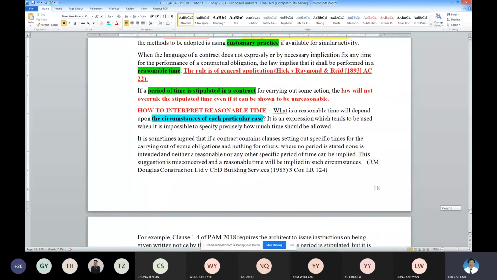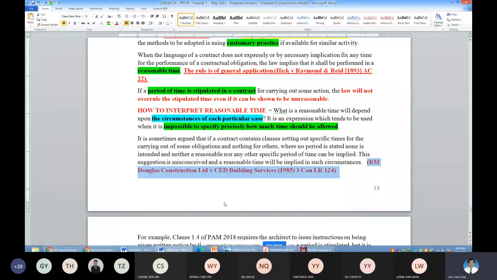It is used where it is impossible to specify precisely how the time should be allocated or allowed. Under this case law, it will explain what criteria are used by the judge to establish reasonable time. If a contract contains a clause setting a specific time, then it has to be followed.